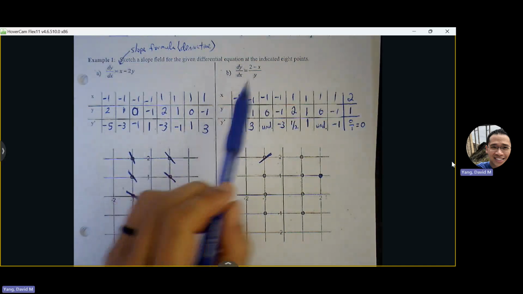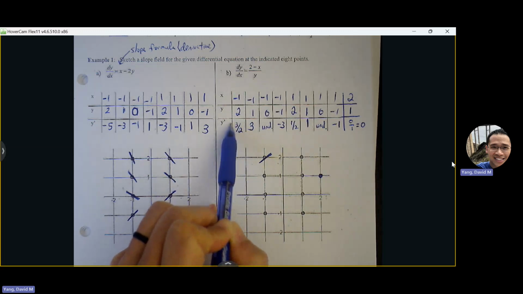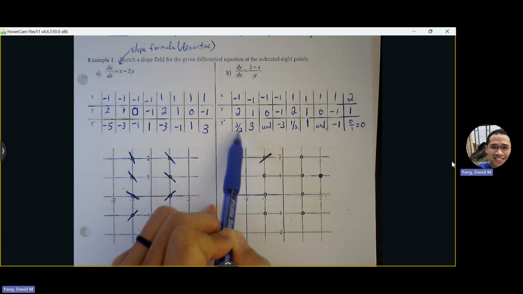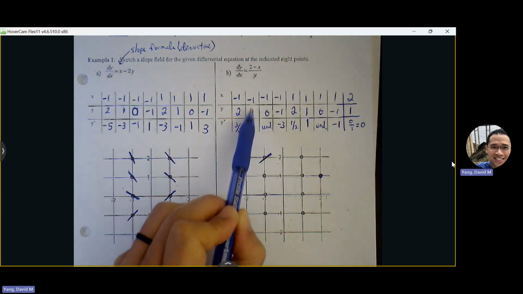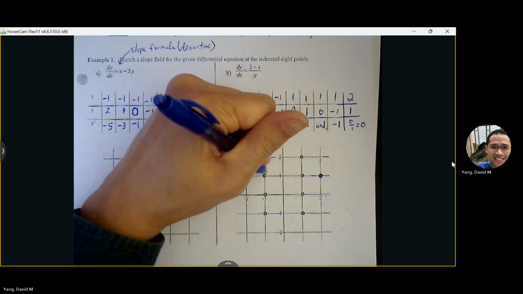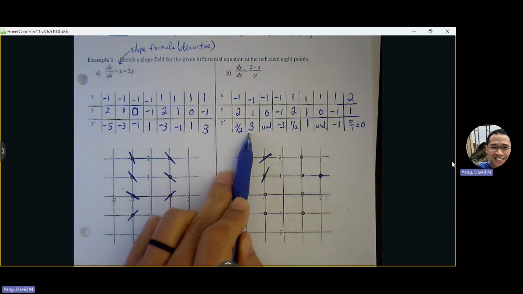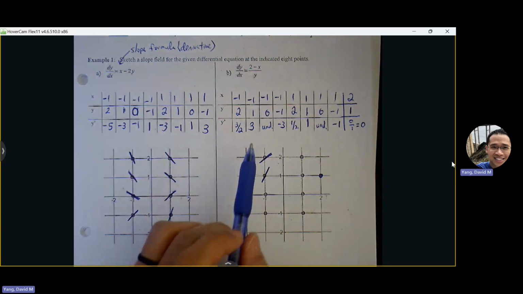So if I plug -1 in for x, 2 in for y, I get 3 halves. So I'm going to try my best to sketch a slope that represents 1.5, which is just a positive slope. -1, 1, slope of 3. Just try my best to sketch a slope that represents a steepness of 3. Again, accuracy is not that important.